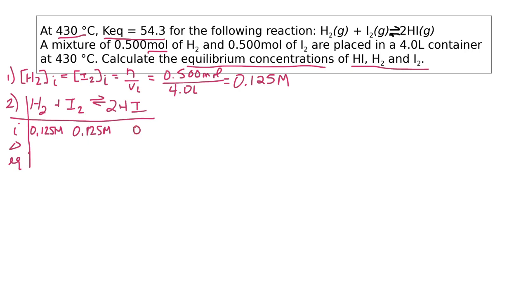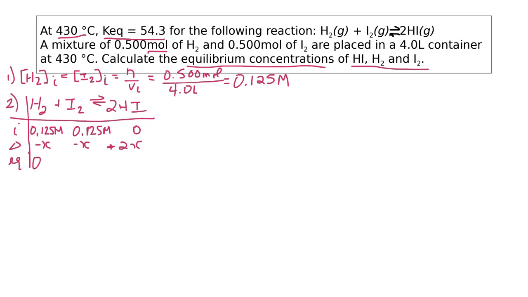So initially we have no product. Over time, those reactant molecules are going to collide, they're going to make products, and as a result, their concentrations are going to decrease over time. And it'll be the same. It's a 1-to-1 ratio for hydrogen and iodine, but that HI concentration is going to increase, put a little plus sign there, by 2x, so twice the amount because of those molar coefficients.